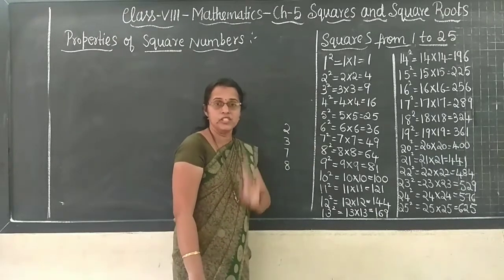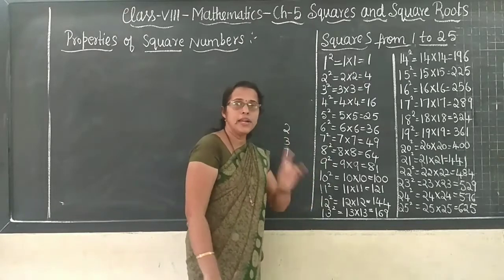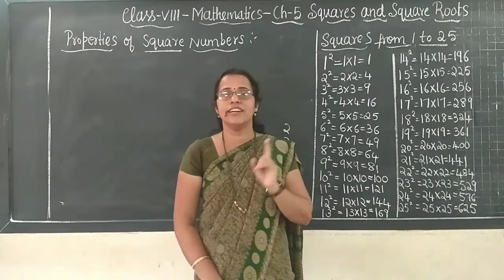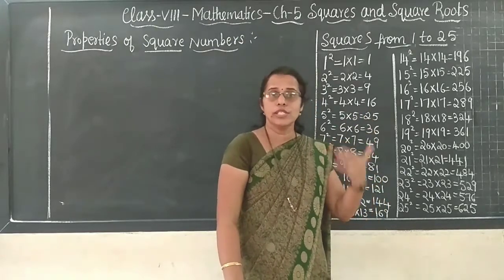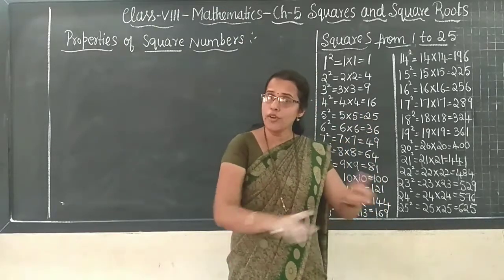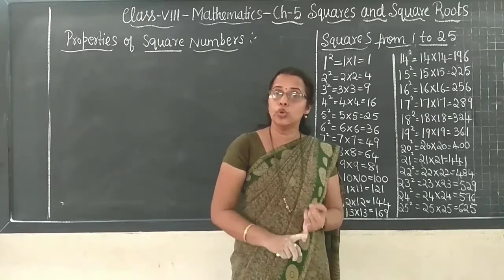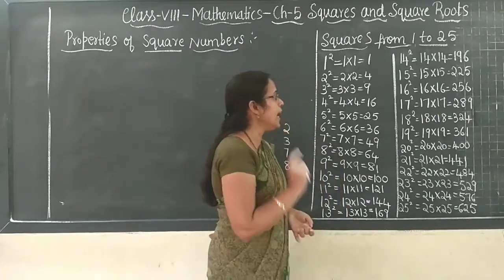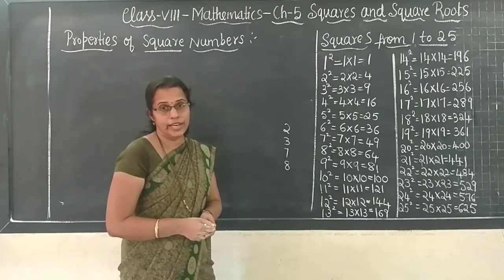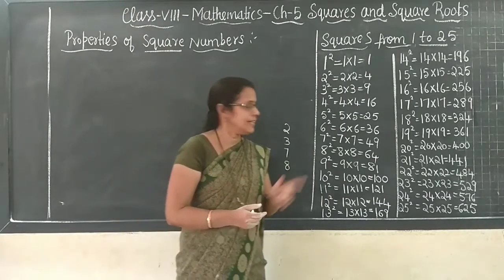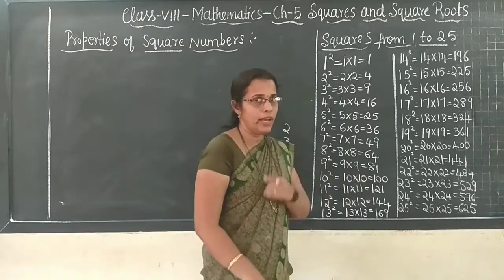Yes or no? That means you can say definitely square numbers always end with the digit 0, 1, 4, 5, 6, 9. None of these ends with the digit 2, 3, 7, 8. Will you agree? After looking at this table, can you make out or not?